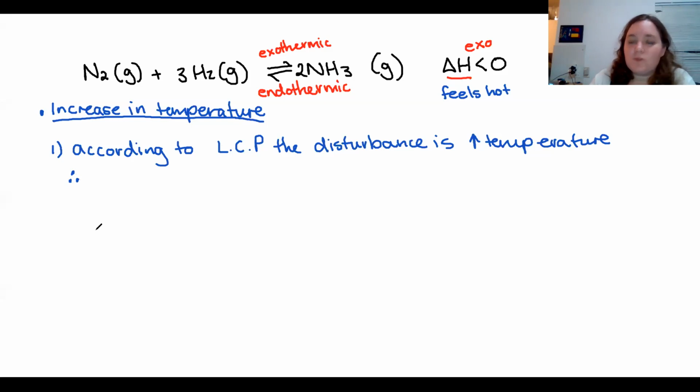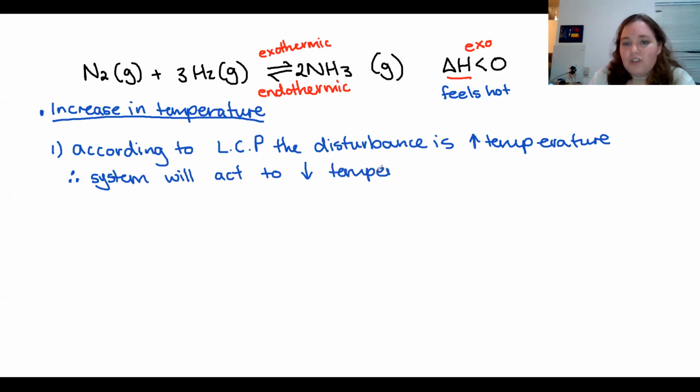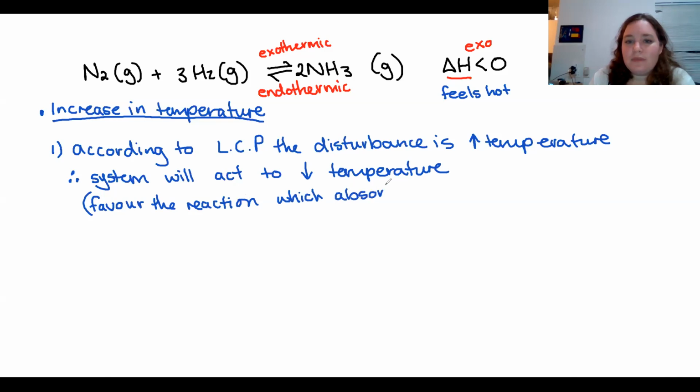Therefore, the second step was, what does the system want to do? The system will act to decrease the temperature. So if it wants to decrease the temperature, it is going to effectively, and anything I write in brackets is never going to give you marks, it is therefore going to favor the reaction which absorbs heat.